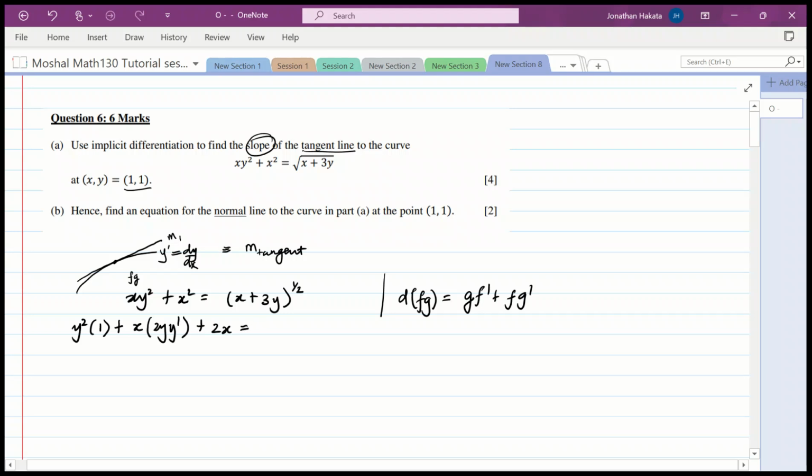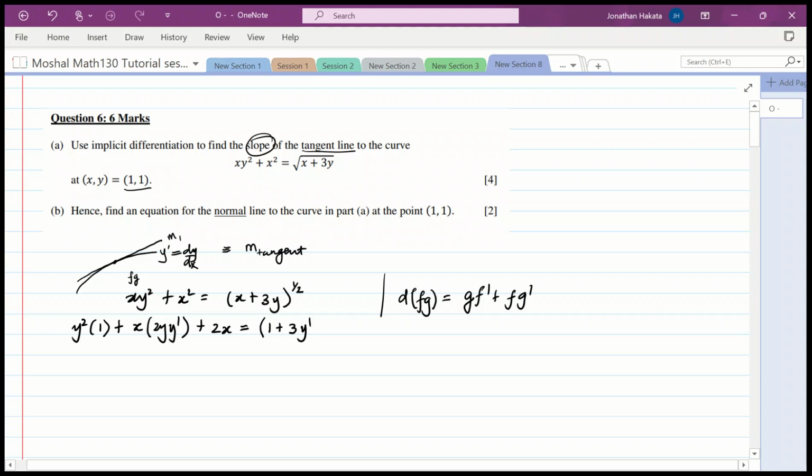Now on the right hand side, we use the power rule, but this is a composition function. All right, it's a power, and inside the brackets we have a function of two variables. So what we do is differentiate the inside function. If you differentiate the inside function, you have 1 plus 3y prime.